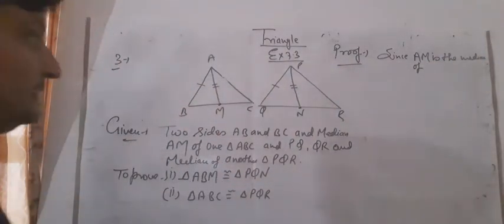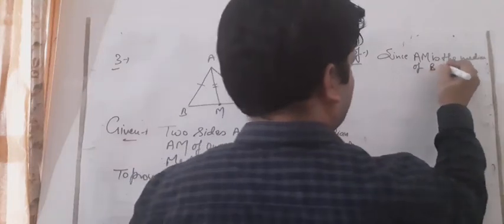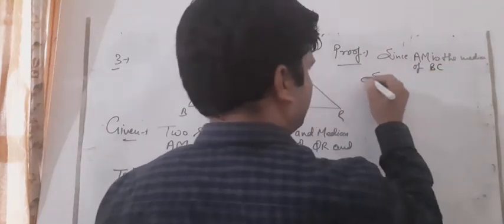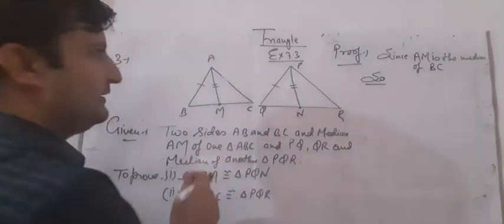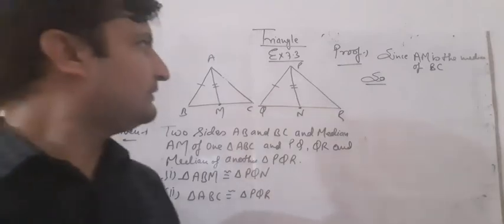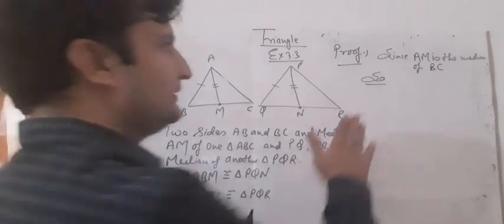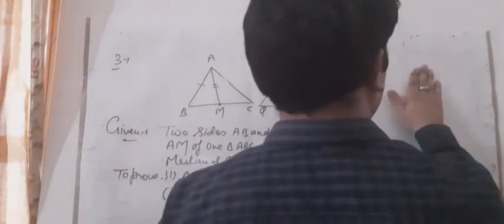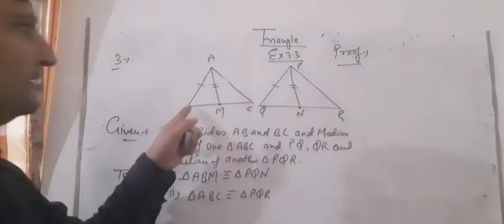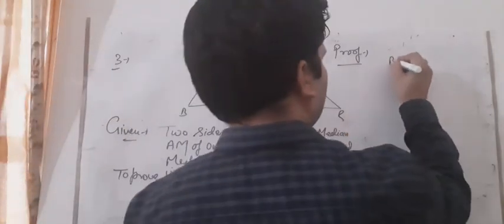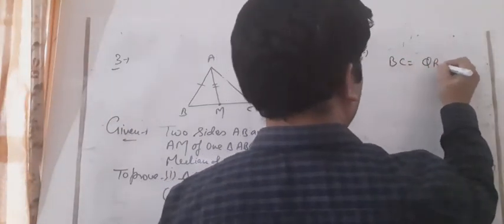Since AM is the median of BC, we can do it like this: it is given that BC is equal to QR.